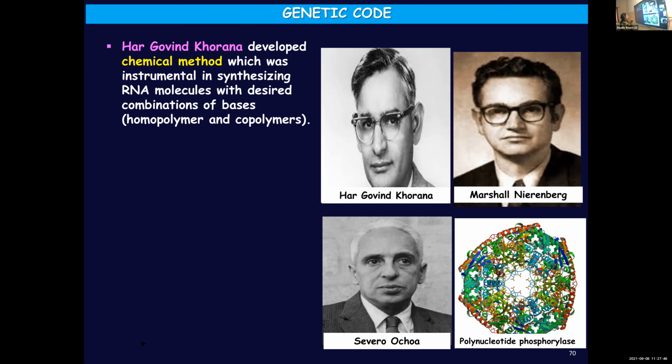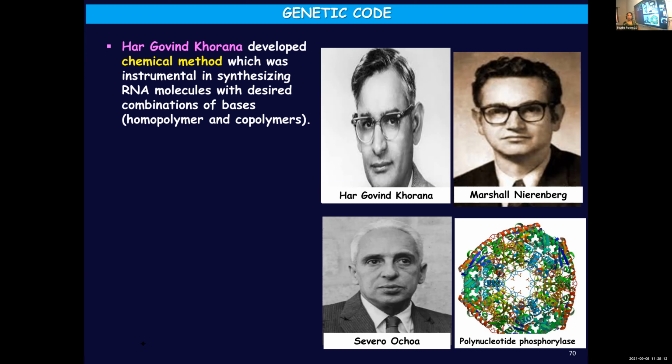Homopolymer and copolymer: the monomer units join together to form a polymer. Protein is a polymer, and its monomer units are amino acids. Homopolymer means the monomer units are identical, the same.